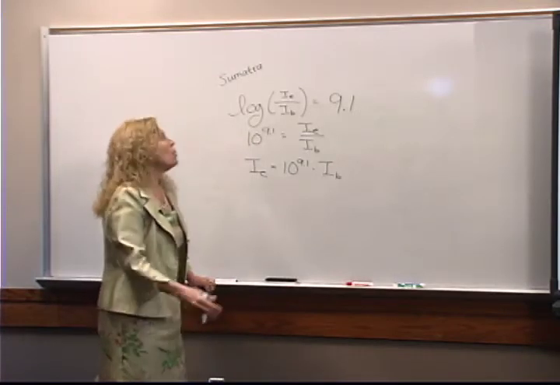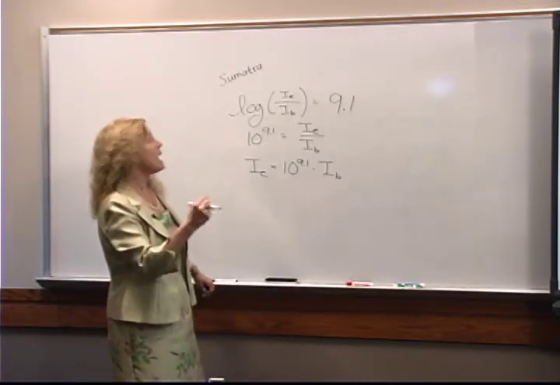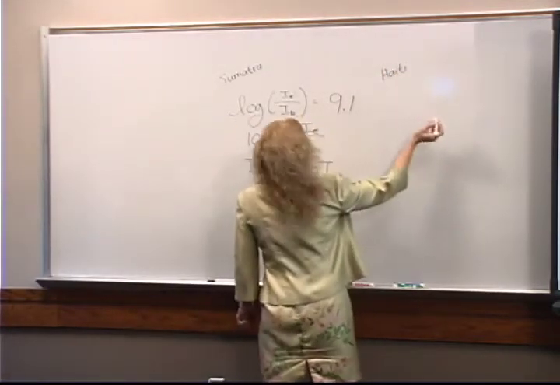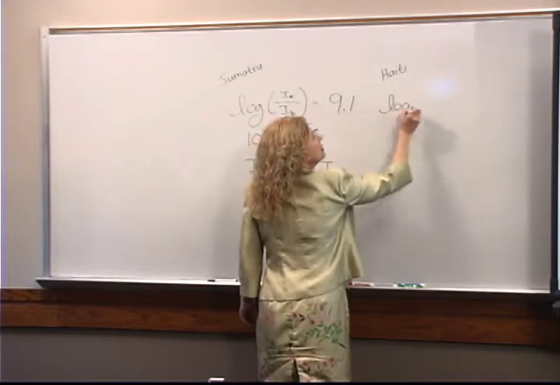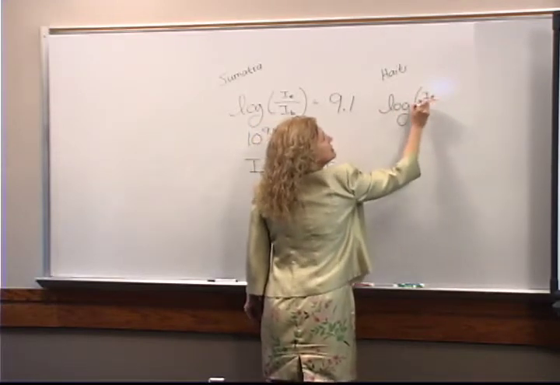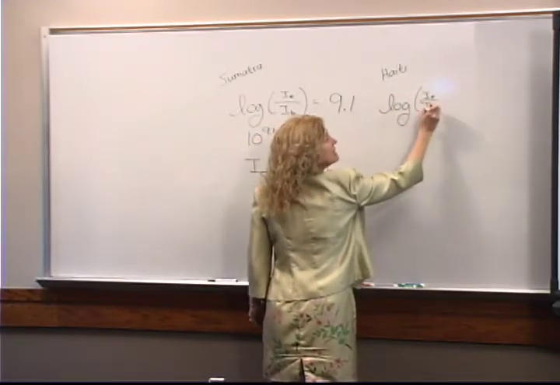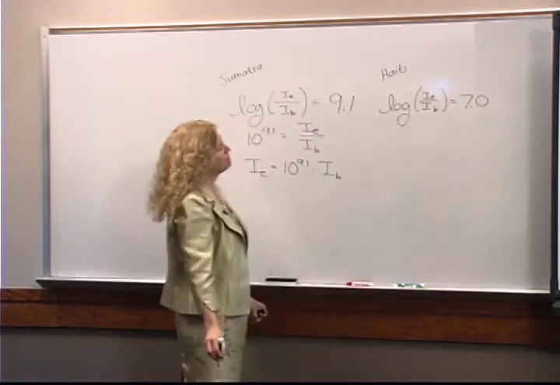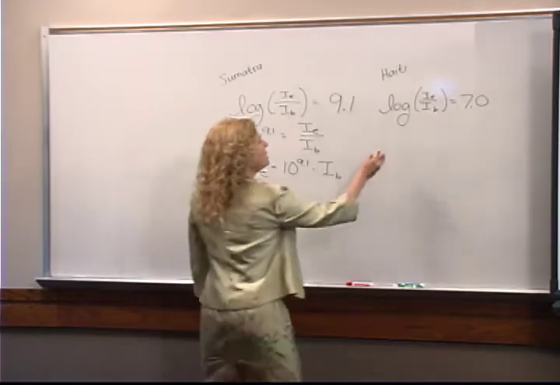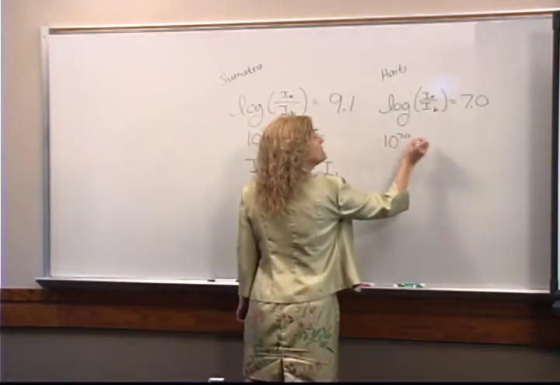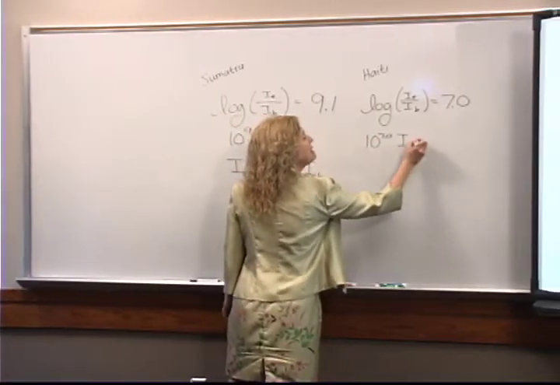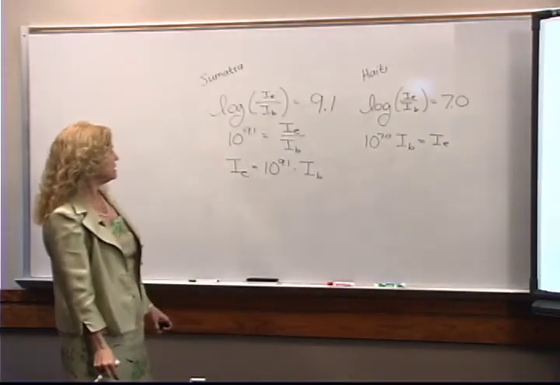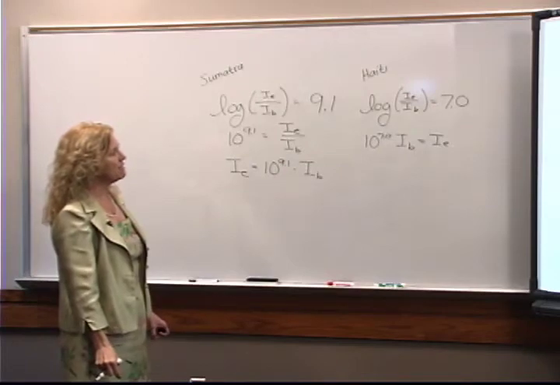Okay? Well, I can do the same thing for Haiti. And for Haiti, I would have the log of the intensity of the event in Haiti versus the baseline is equal to 7.0. Okay. And then 10 to the 7.0 times that baseline is going to be the intensity of the event.